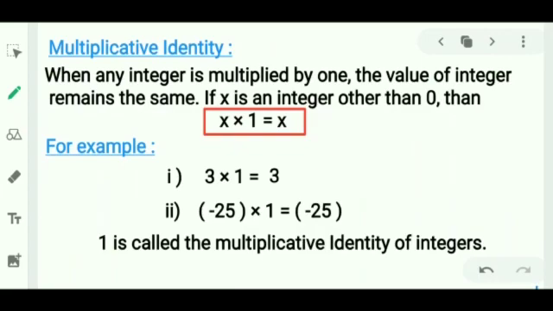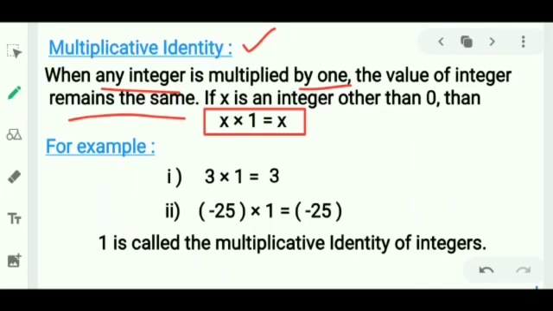Now the next property is multiplicative identity. When any integer is multiplied by 1, the value of the integer remains the same. So if we multiply any integer by 1, the answer remains the integer itself.